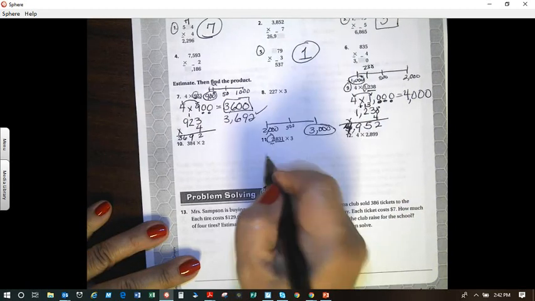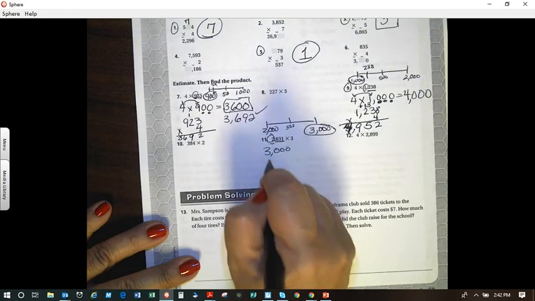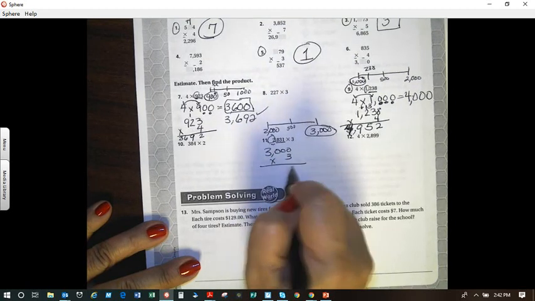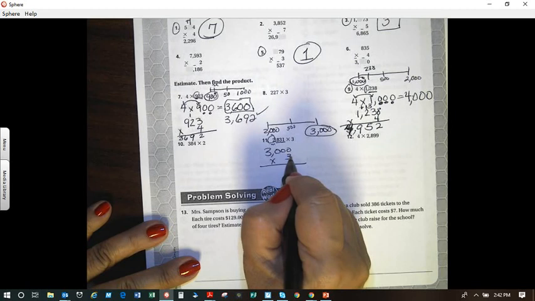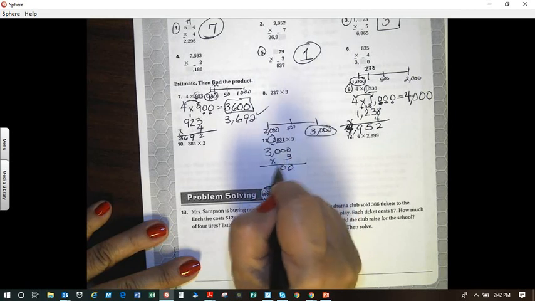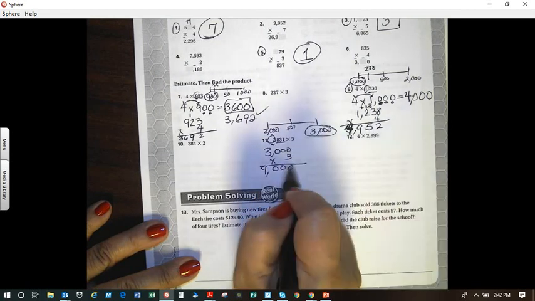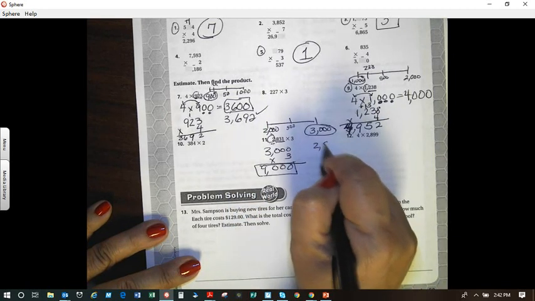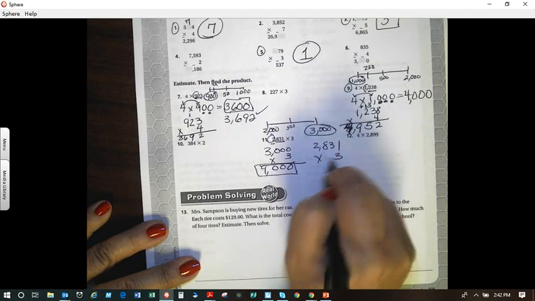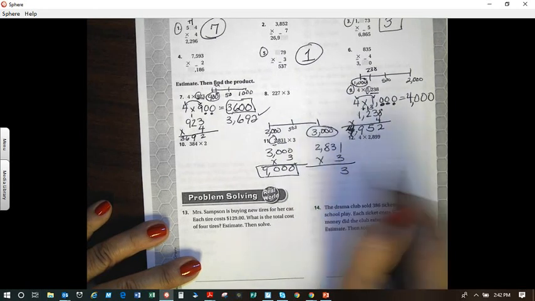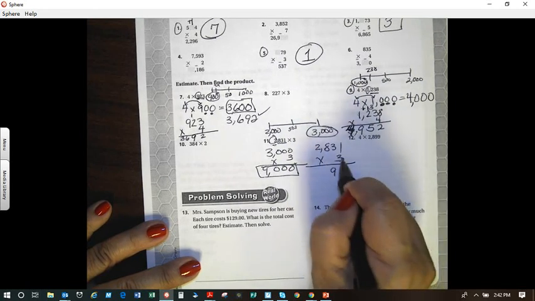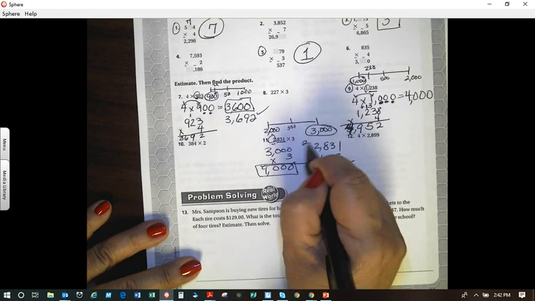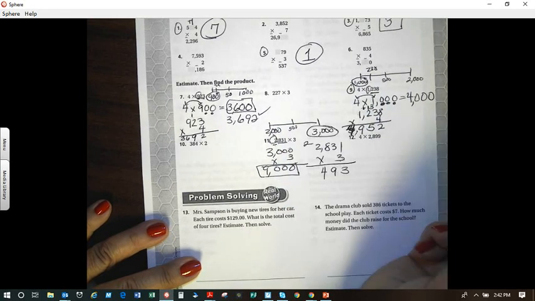So I have 3,000 times 3. And I'm going to do it this way, so in case you wanted to, that's 0, 0, 0, and 9. So it's either way. So this is my estimated. Now I'm going to multiply my actual. 3 times 1 is 3. 3 times 3 is 9. 3 times 8 is, very good, 24. 3 times 2 is 6 plus 2 is 8.